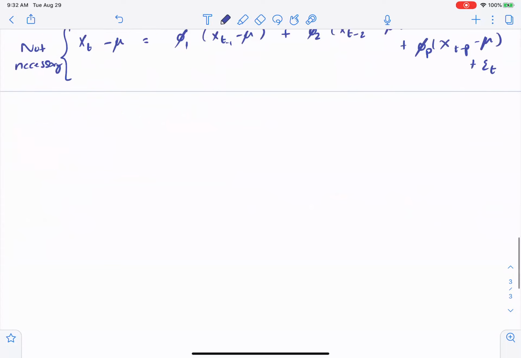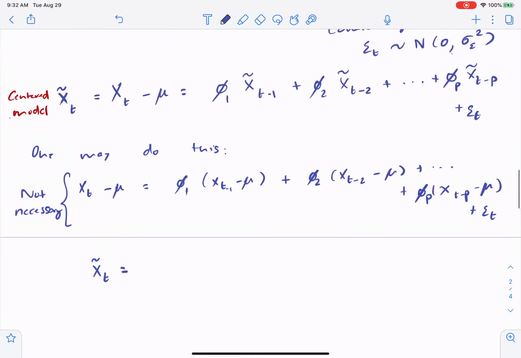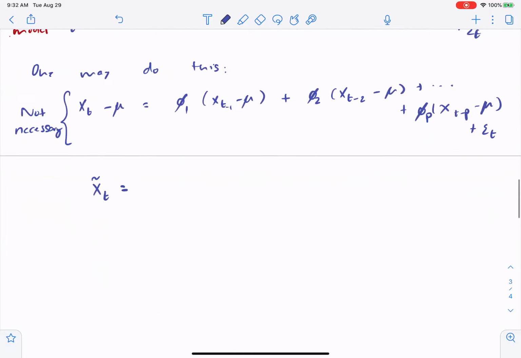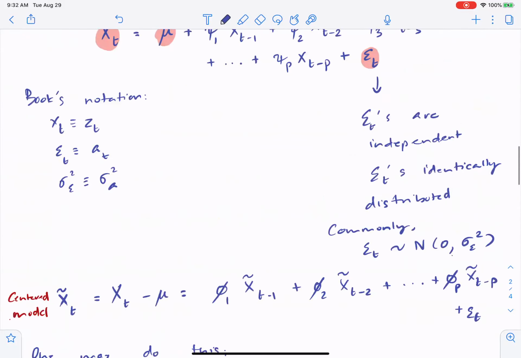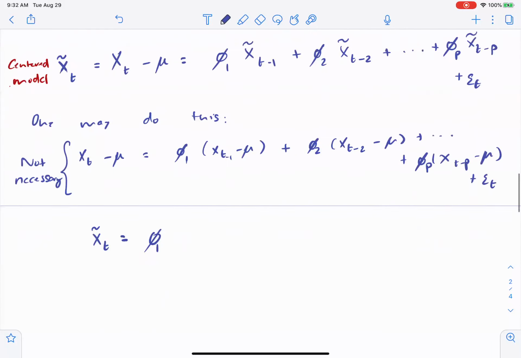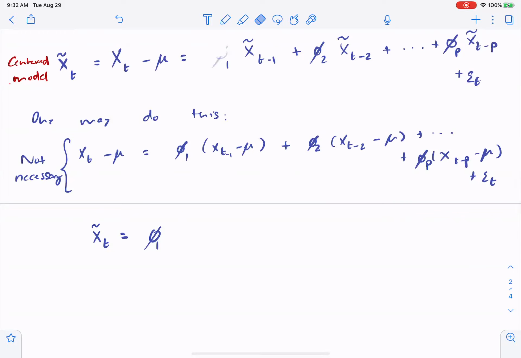So pay close attention. I know I have a centered series expressed like so, about there. In terms of the backwards operator, did I use phi or psi? Sorry, I apologize.